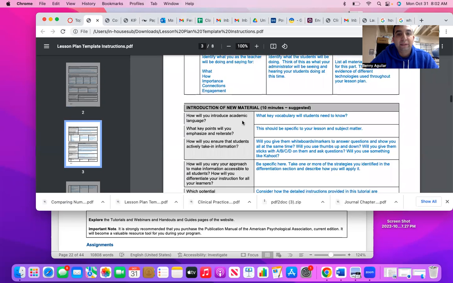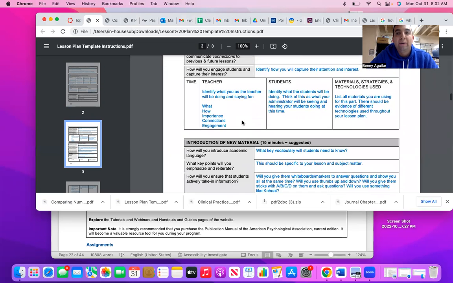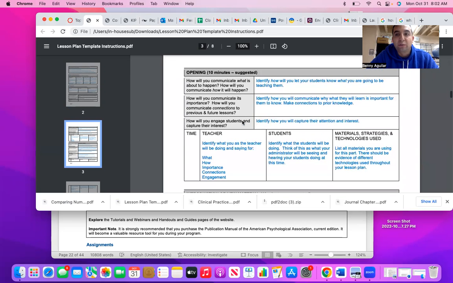I'm gonna say the one that is most difficult for me would be the opening and the introduction, because I love having the do now be more of a hook to the introduction of new materials. So usually I do a write-up, like two questions, 3 to 5 minutes. For them to put 10 minutes, it's actually a great suggestion to have a class discussion about it. That way you can know who knows this new material. Like how can you classify a right triangle?